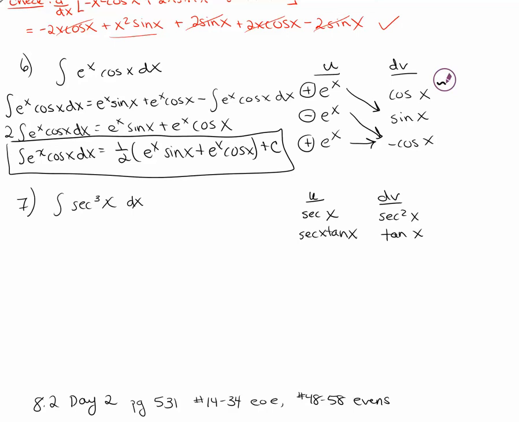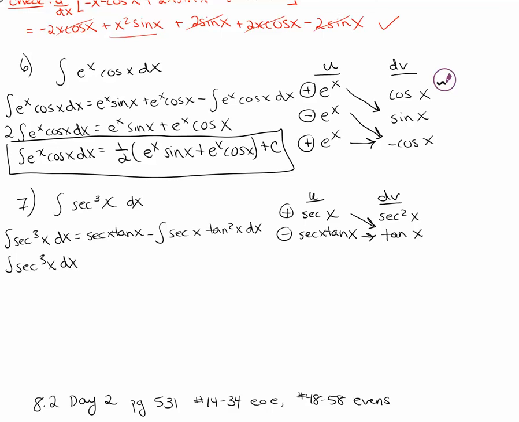And maybe we're not quite sure secant x times tan x is going to work for integrating, but let's go ahead and plug it in and see what happens. And I'm going to go ahead and make this tan squared x. And I say, okay, I want to maybe try to get it all in terms of secant x.